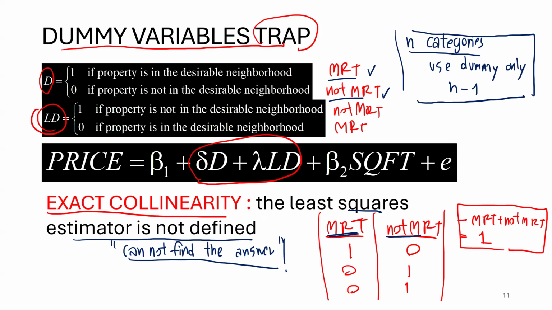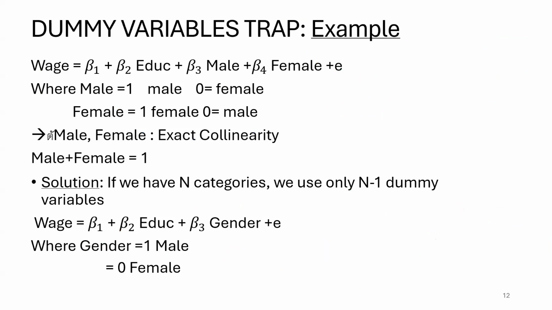I will give you one more example, and this is very classic because a lot of my students made the mistake when they collect the data. The very classic dummy variable trap is about gender. This researcher would like to know the wage.